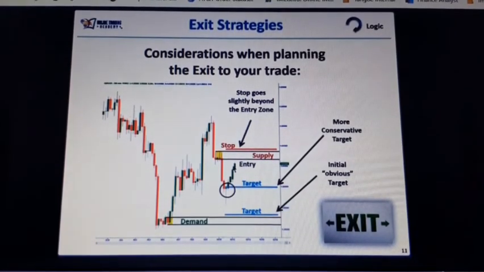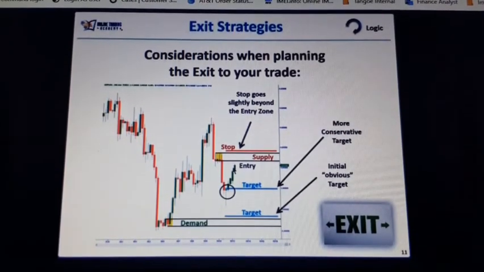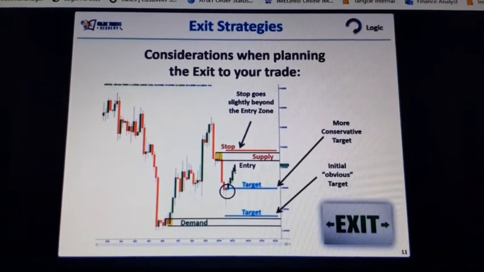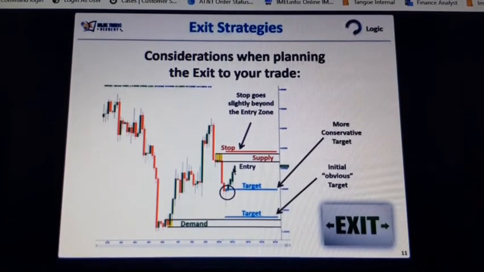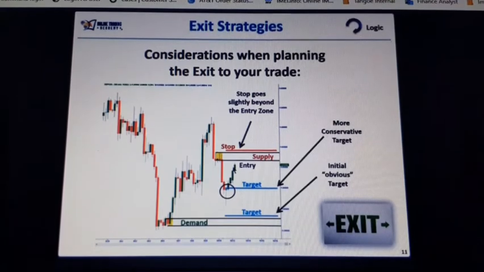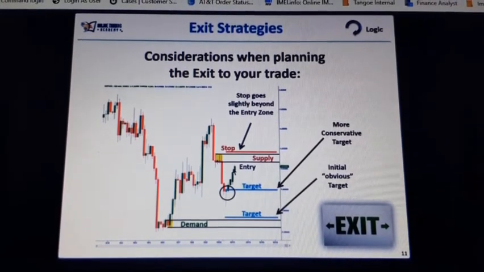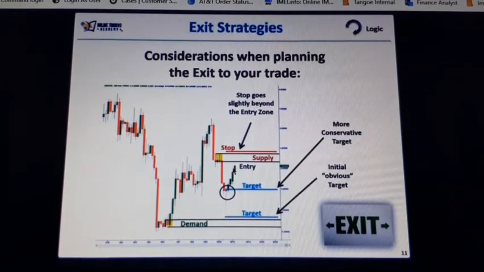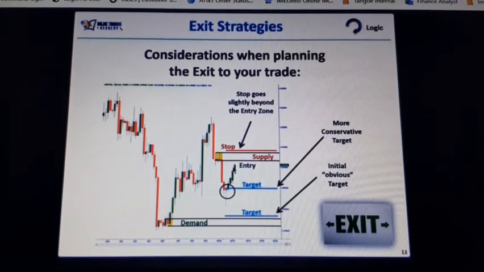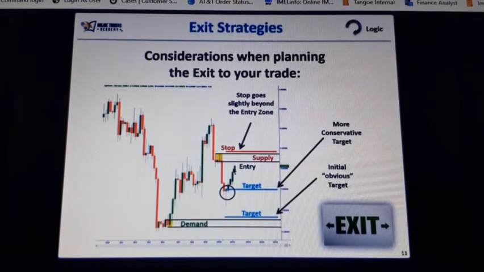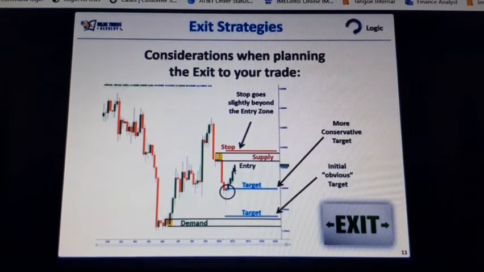If the opposing level of demand or supply is not offering me at least 2:1, why will I go for it? Okay, so you have to keep that in mind. Yeah, it's possible to keep two targets. Once we do the bracket orders, Prasad, you'll come to know that.